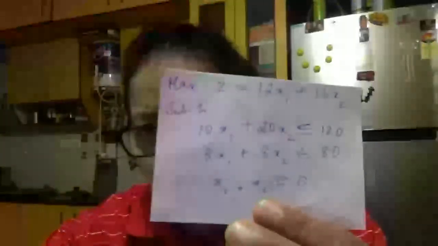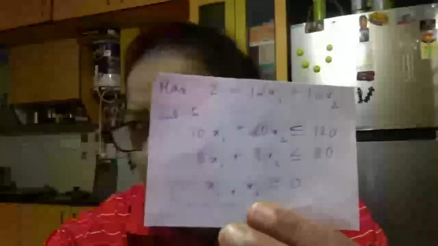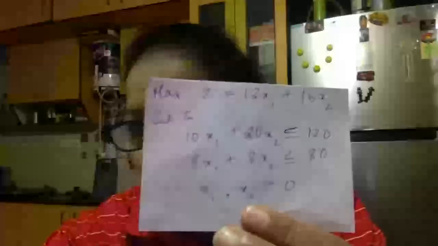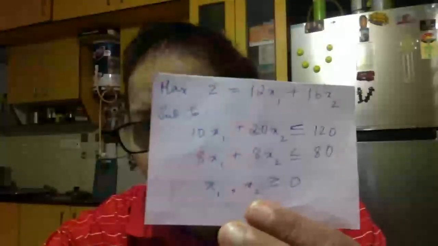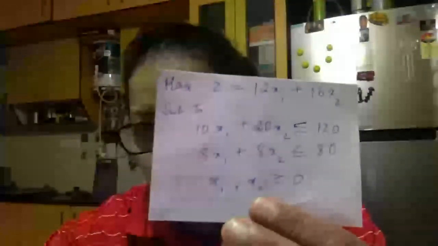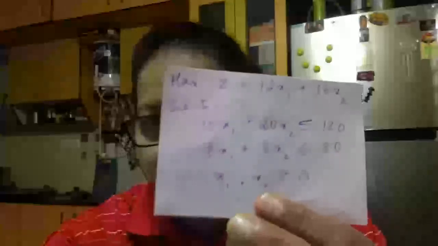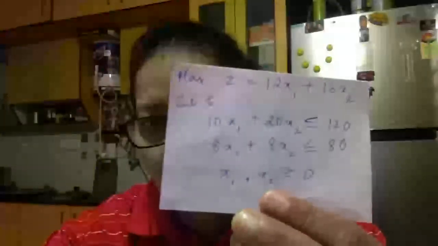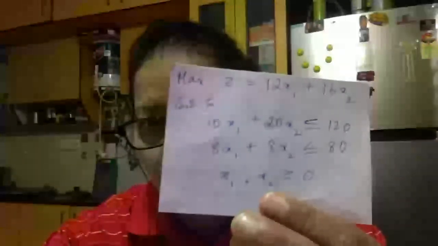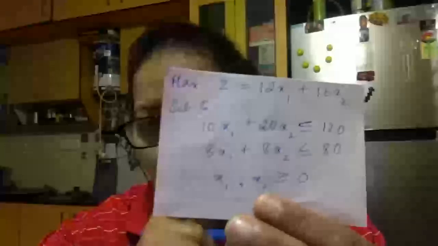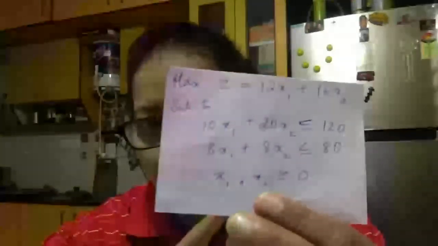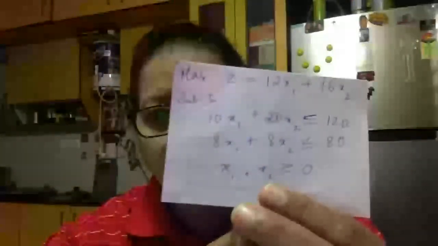The slack variables have to be introduced into each and every equation here, including Z. Now you see x1, when the number 12 is introduced with x1, it becomes 12x1.